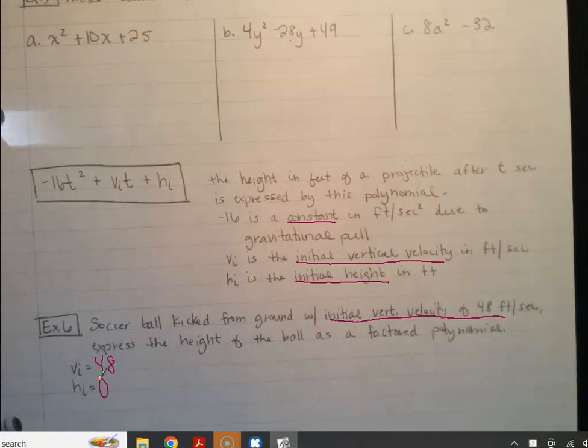All right, so now we want to write this as a factored polynomial. So let's put these values into this equation. We'd have negative 16t squared plus 48t plus 0. When we have plus 0, it's kind of hard to factor that.